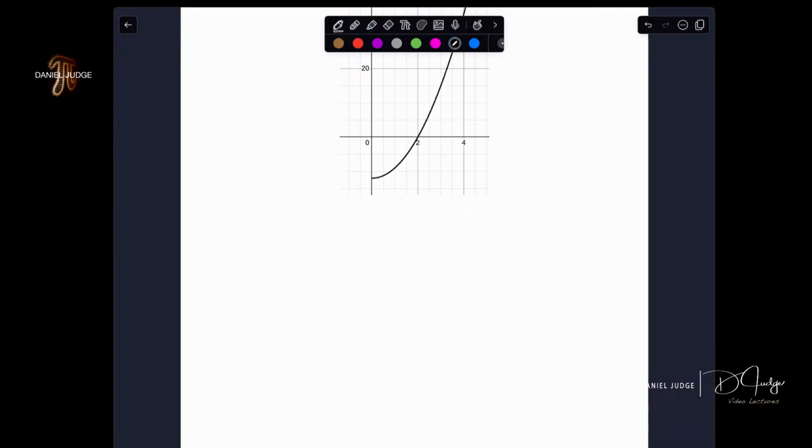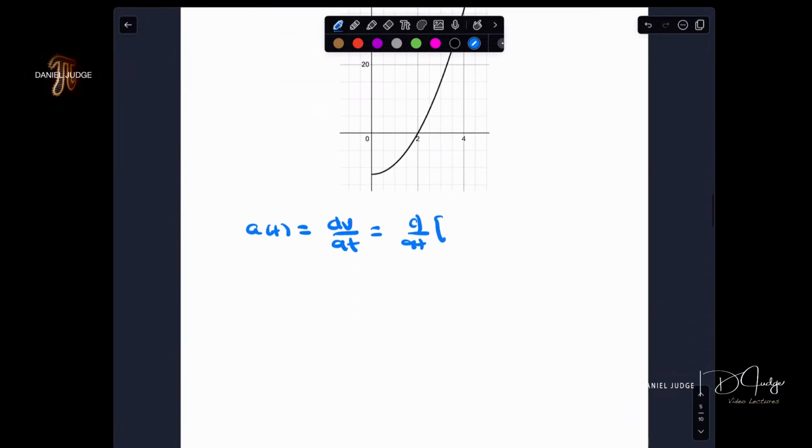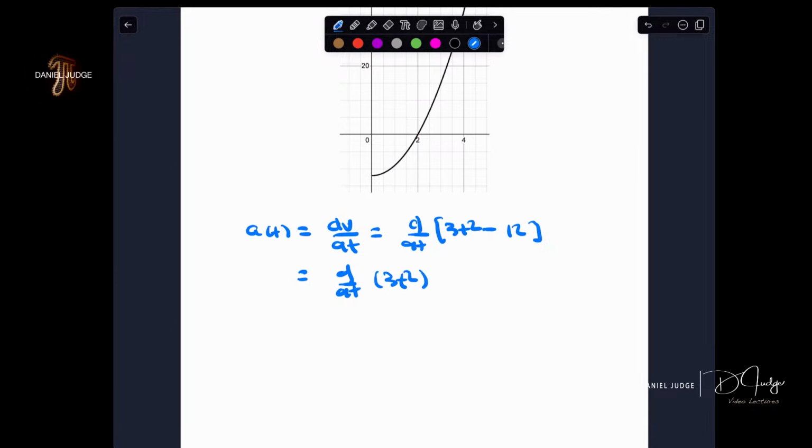So your acceleration function is the derivative of the velocity function. Your velocity function is 3t squared minus 12. By properties of derivatives, we can pull this out.